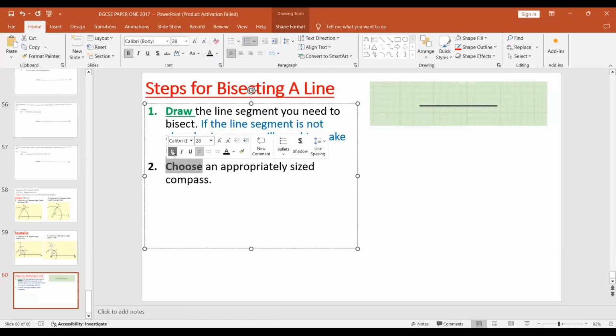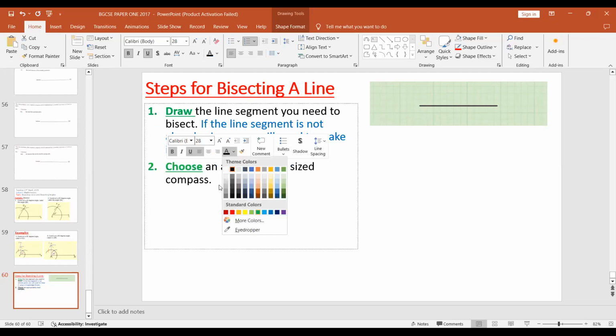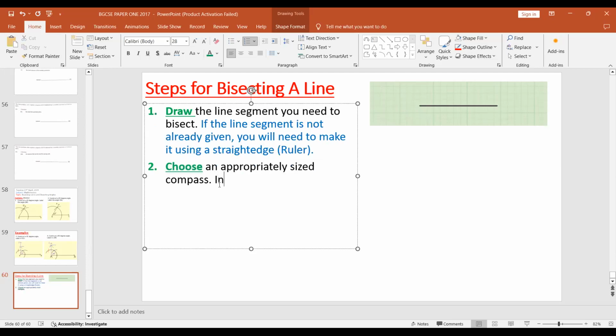Choose an appropriate size for the compass in general.